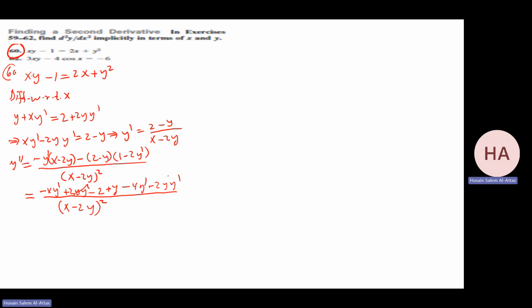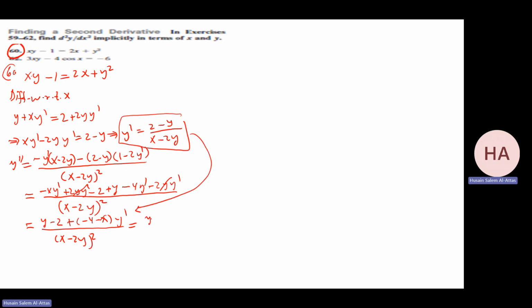There is something constant. So what I have is y minus 2, minus 4 minus xy prime, over x minus 2y square. I will plug in y prime, which is this one. I plug it here. So I have y minus 2 minus 4 minus x 2 minus y over x minus 2y, all over x minus 2y all square.